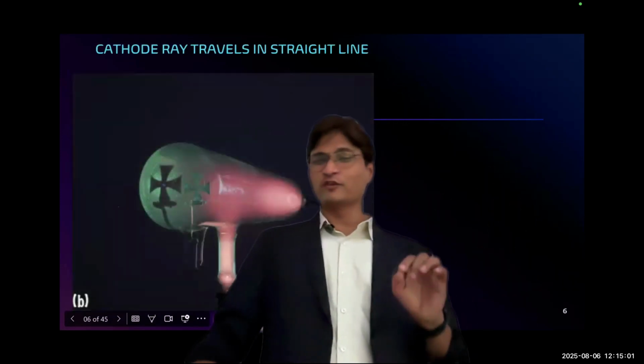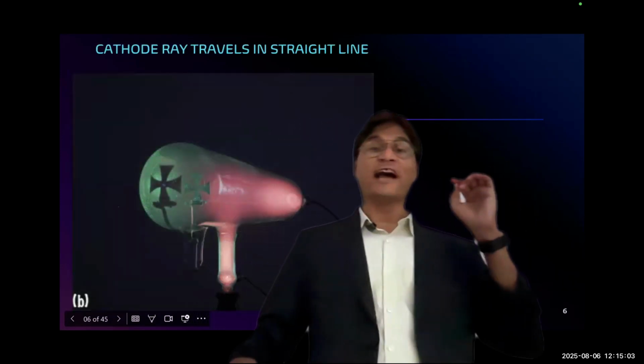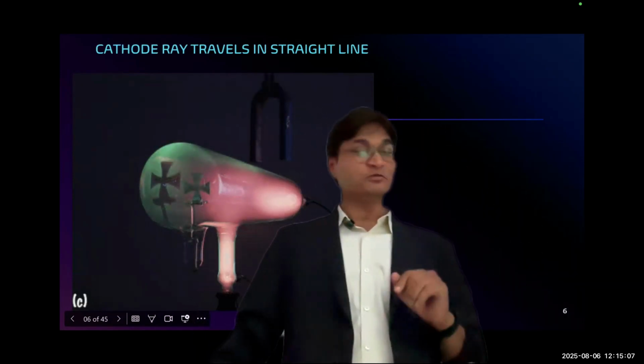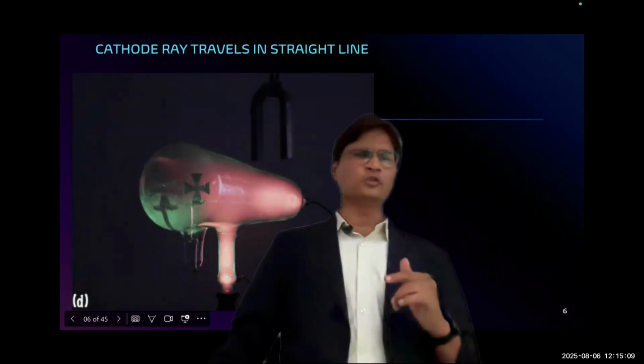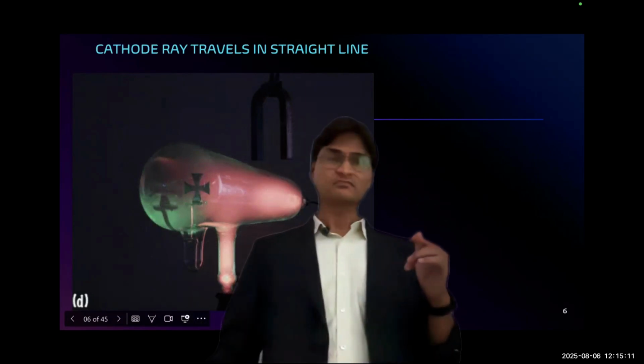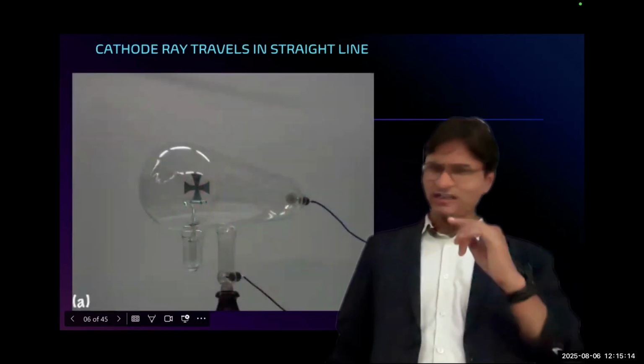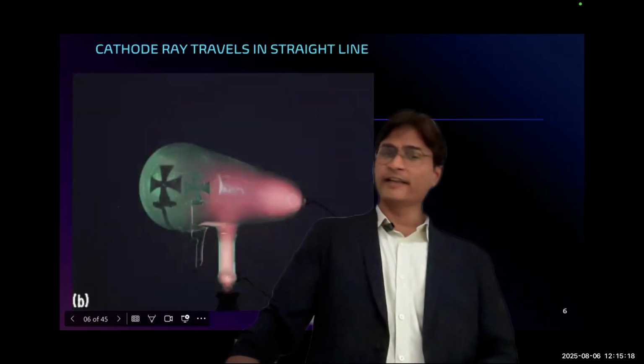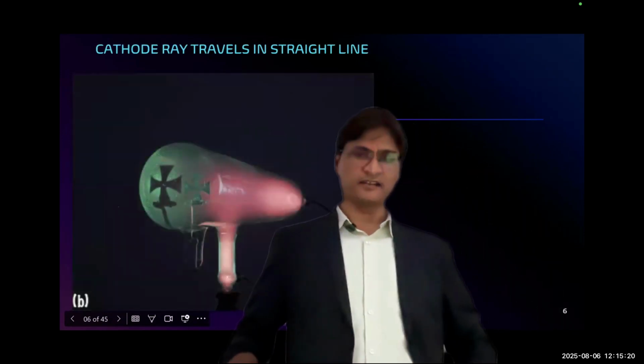This is only possible because light travels in a straight line. The same thing applies here. So the second very important conclusion by Thomson was that the cathode ray travels in a straight line. So what is the established fact till now?